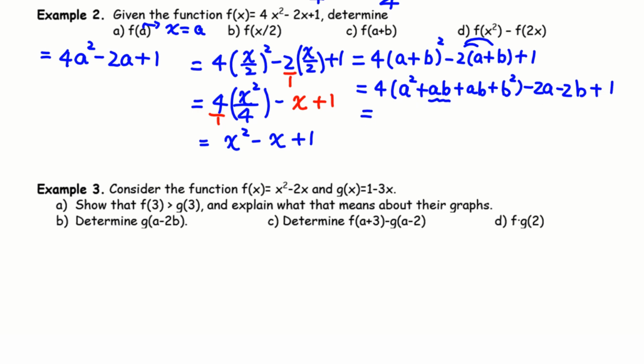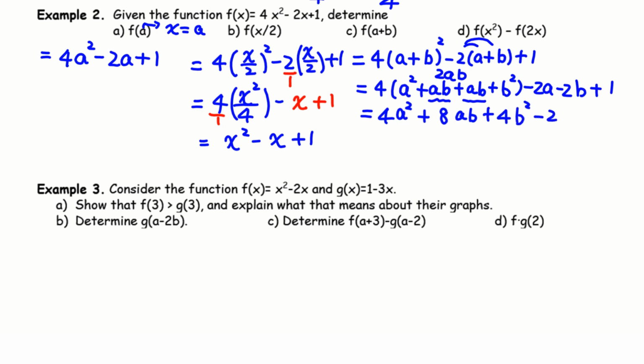Simplify ab plus ab, we call it like terms. We add the numbers at front, you have 2ab. Then 4 times each term, we are going to have 4a squared. Plus 4 times 2ab is 8ab, 4 times b squared is 4b squared.